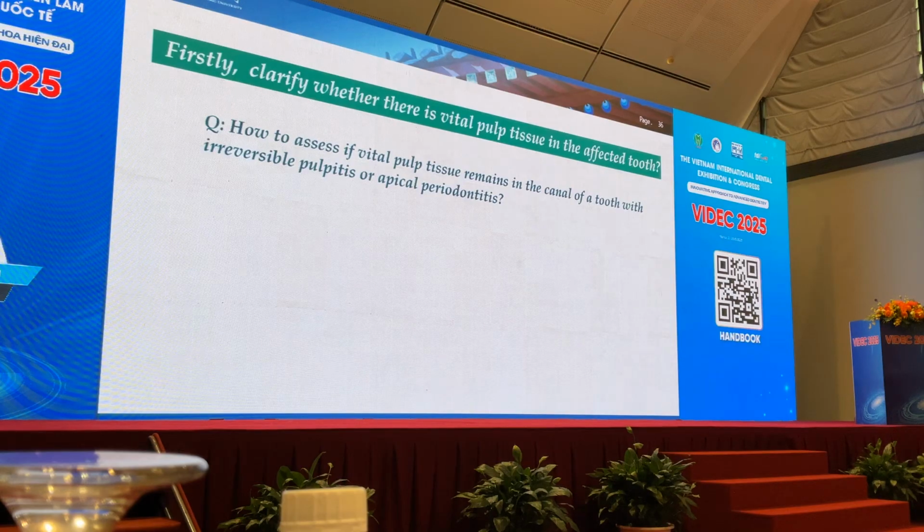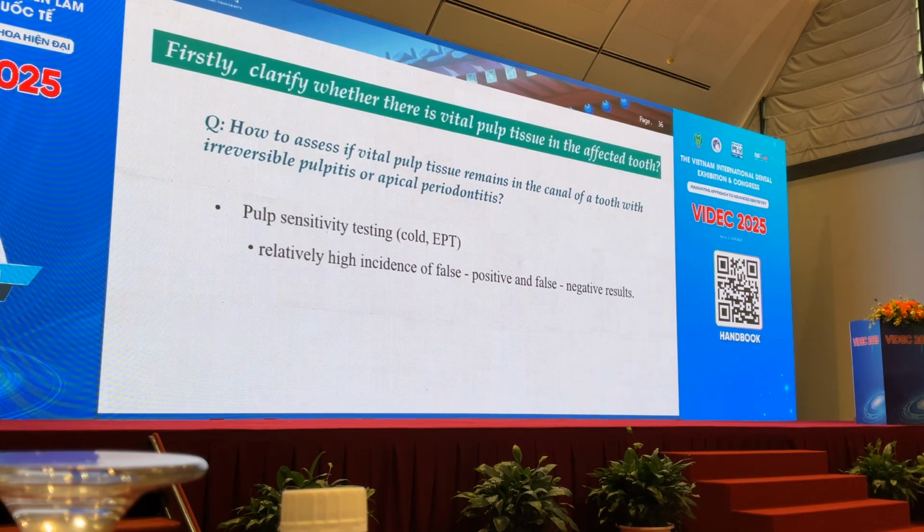The first one, the most often used, is the pulp sensitivity test, such as the cold test and electric pulp test. It is still the most frequently used way to evaluate vitality, right? But as we all know, it gives a high incidence of both false positive and false negative results. So it should be verified by another way.